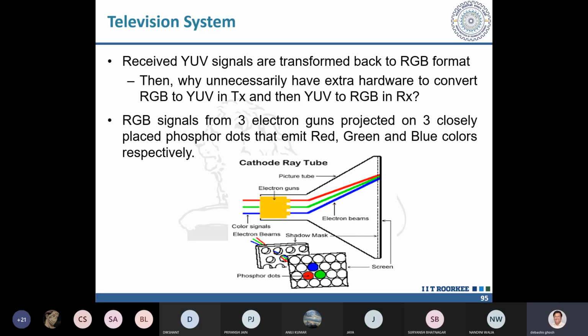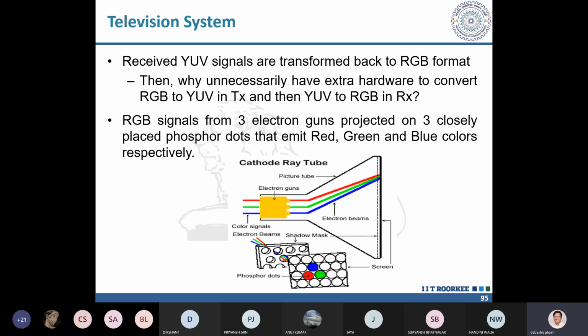Now when color TV came, the governments of all countries said, okay, from today we will start broadcasting the color TV signal. Now if they had transmitted RGB, what would happen to the black and white TVs?